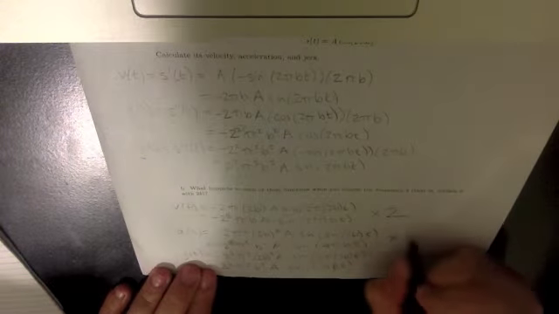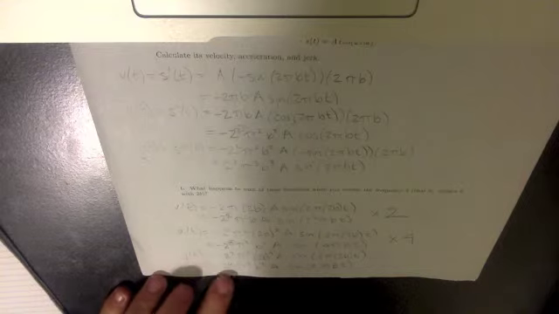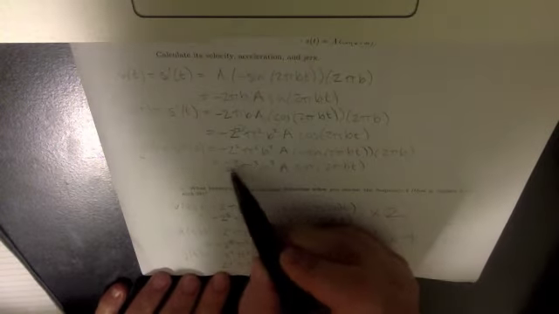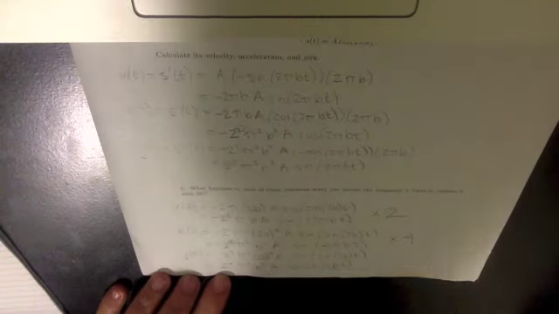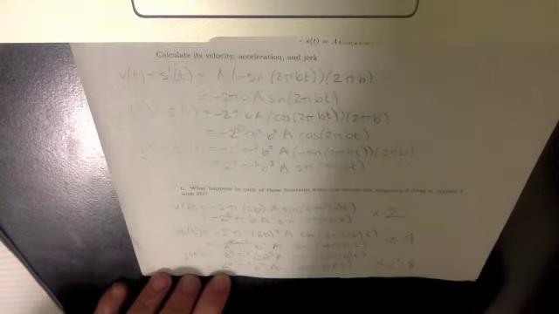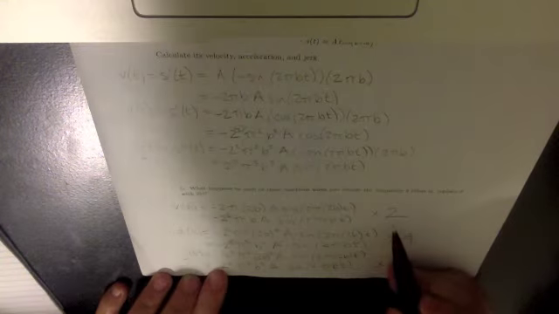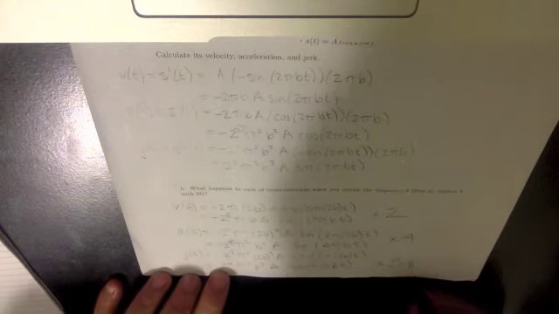So this is times 4 of what it was before. And finally the jerk, there's 3 factors of 2. So this was 2 to the 3rd, now it's 2 to the 6th. So this is times 2 to the 3rd, which is 8. So what happens to each of these functions when you double the frequency? The velocity doubles, the acceleration quadruples, and the jerk is 8 times as large.